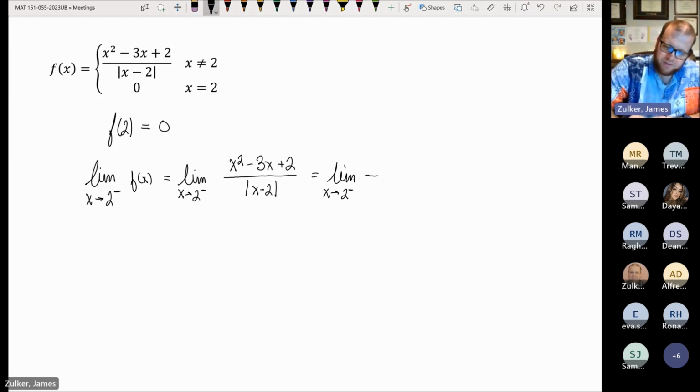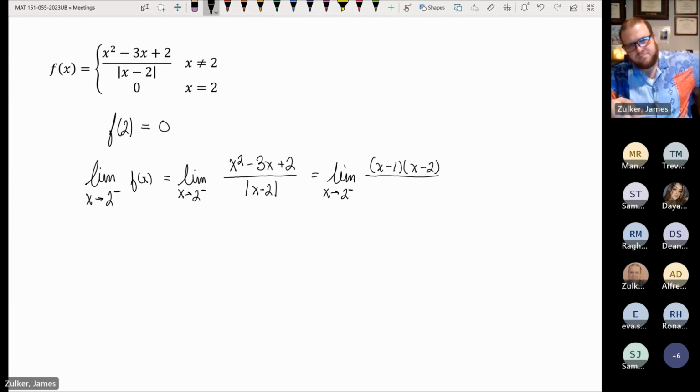Factor the numerator: x minus 1 times x minus 2. The absolute value, since we're to the left of 2, x minus 2 will wind up being negative, right?